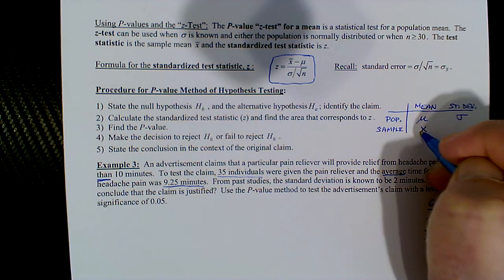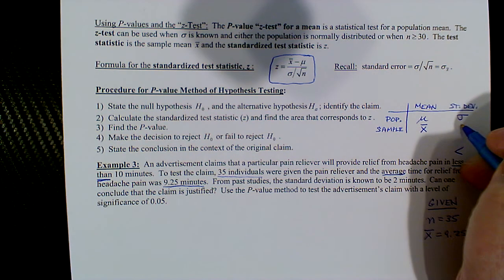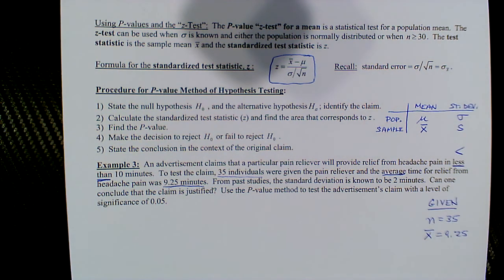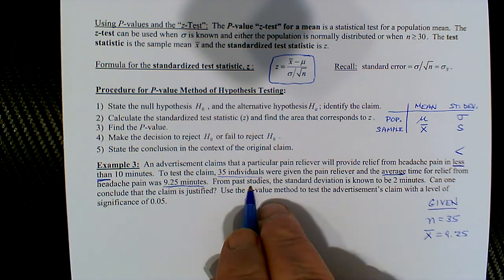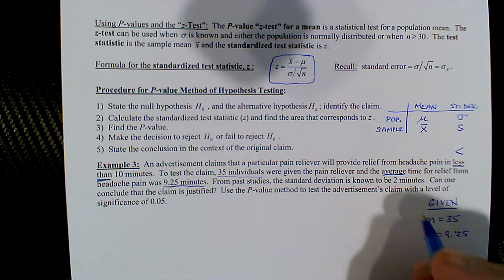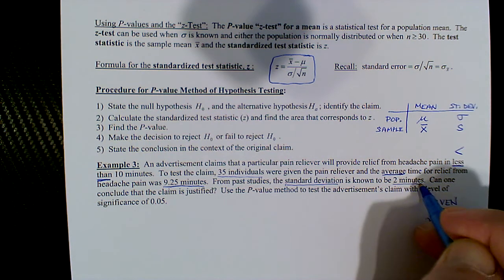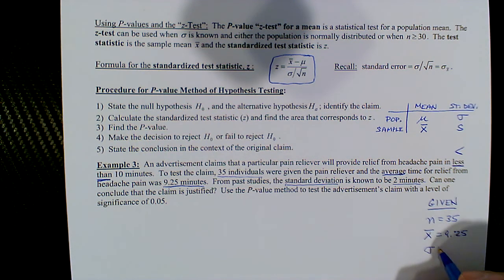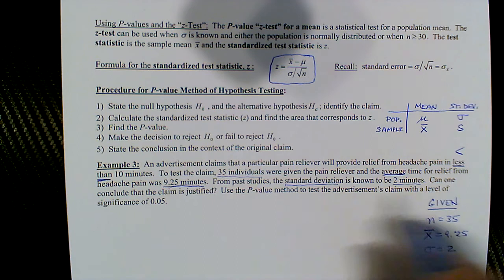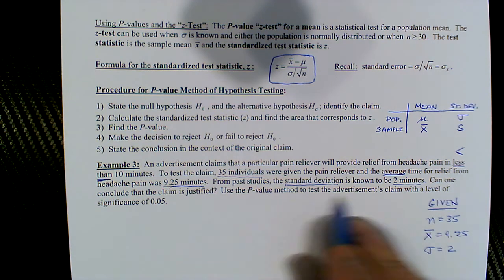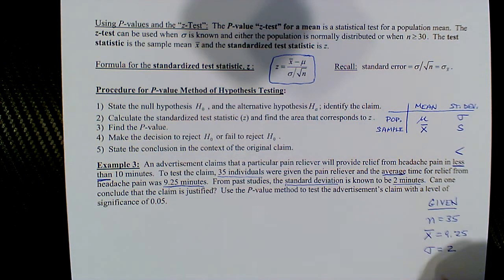For a sample, x bar is the mean, s is the standard deviation. So x bar is our sample mean. From past studies, remember past studies always means population, standard deviation sigma is 2. And we want to use the p-value method with a level of significance of alpha equaling 0.05.